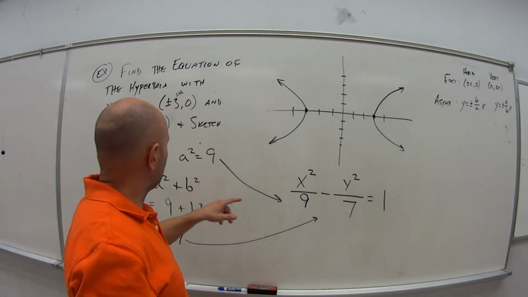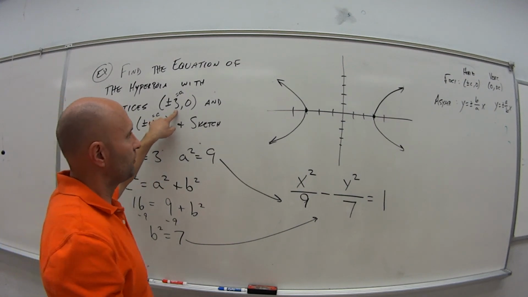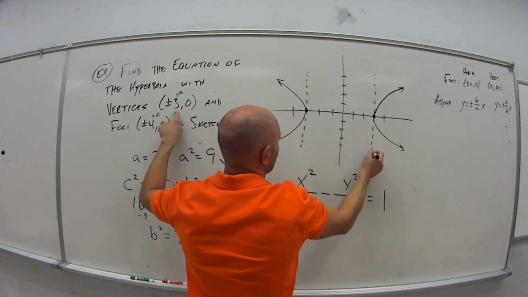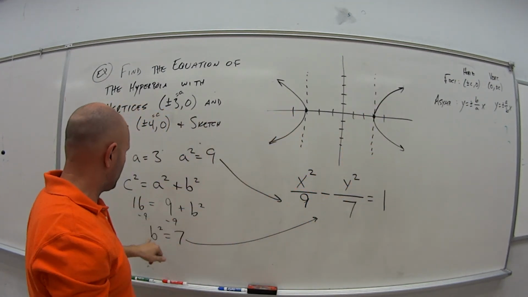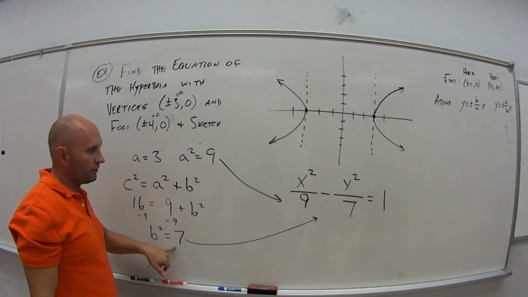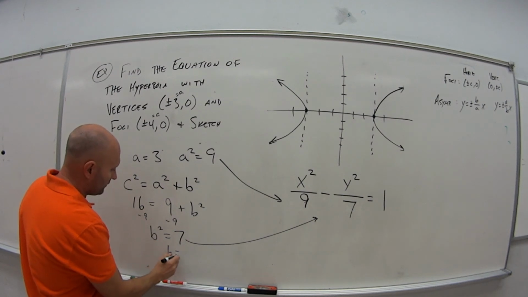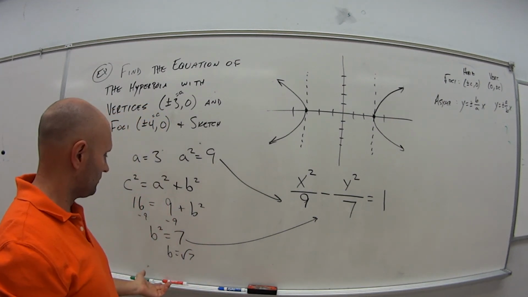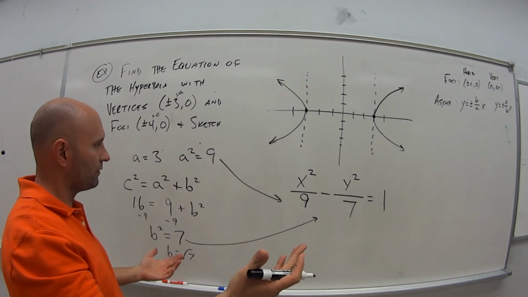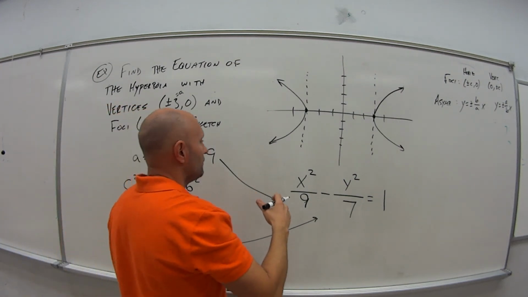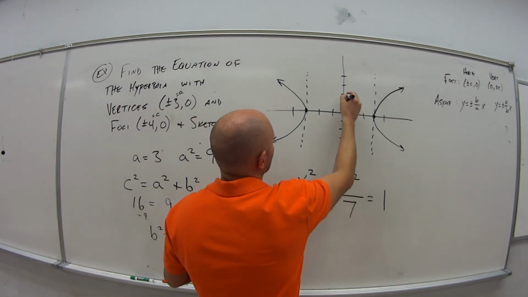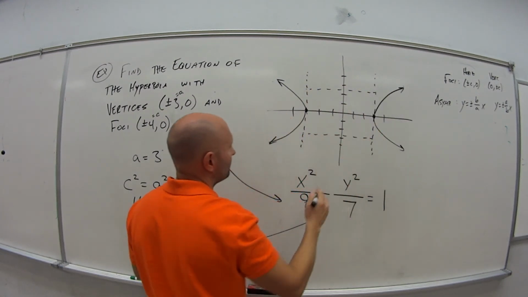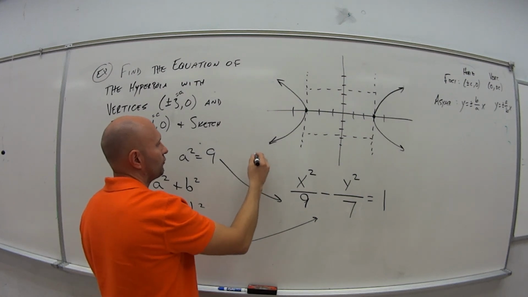Now if I want to draw my central box, my vertices are plus or minus 3. Since b squared is equal to 7, b would be the square root of 7, which is between 2 and 3, because the square root of 9 is 3 and the square root of 4 is 2. I don't have to be 100% correct here because this is just the central box.